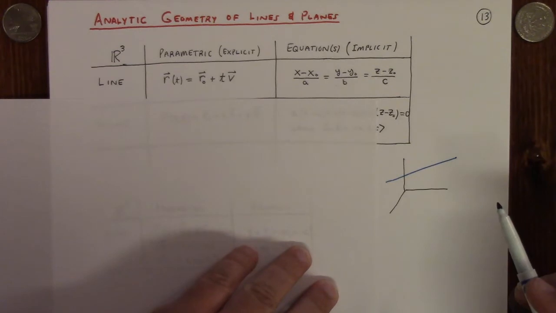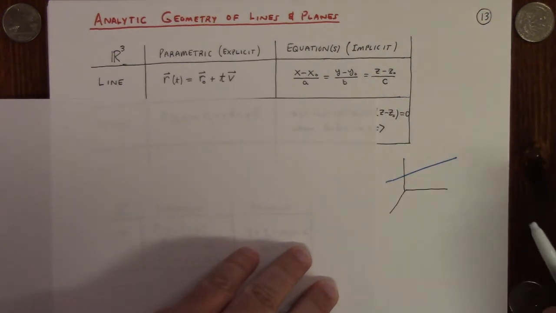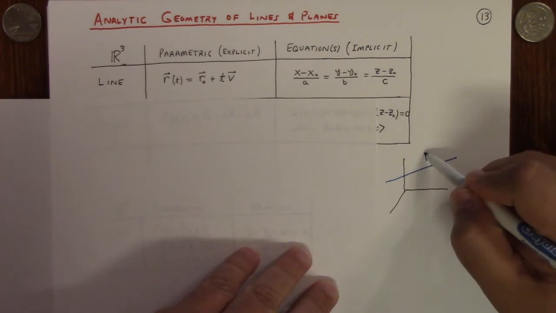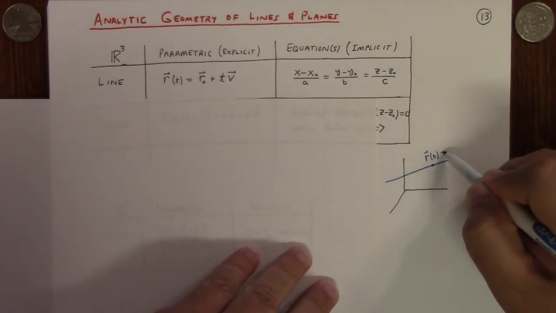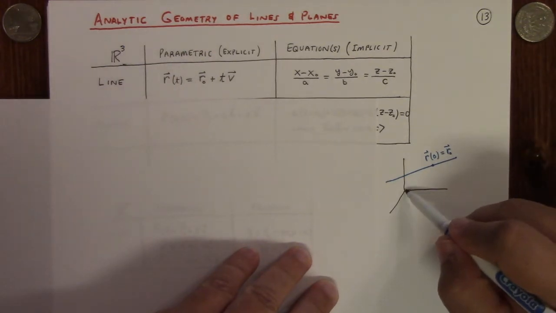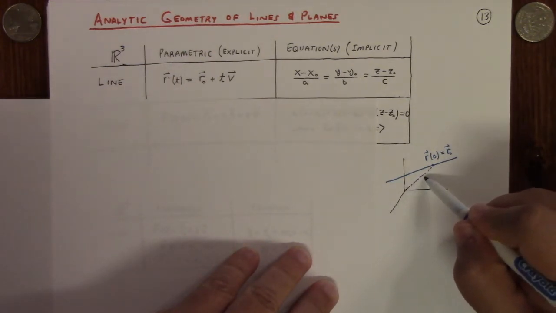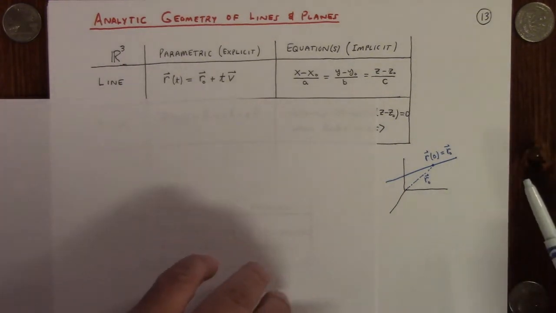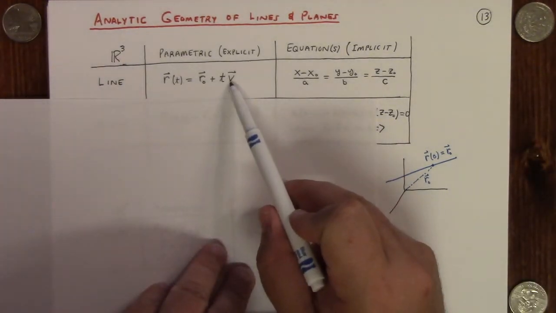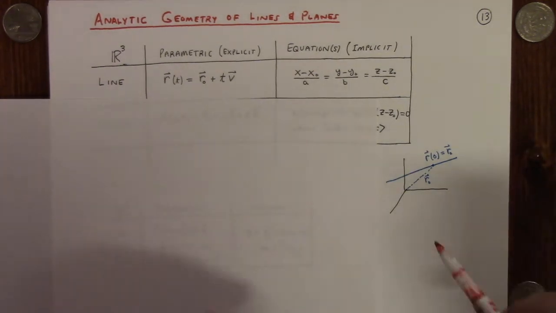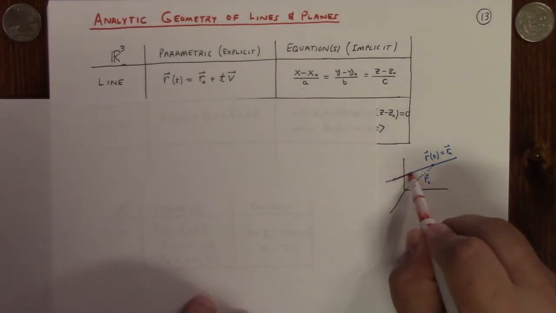And at time 0, r of 0 is what? We plug in time 0, r of 0 is equal to r sub naught, so it's like the base point for the line. And then as time goes on, we add copies of the direction vector v. So this v would be something like that.